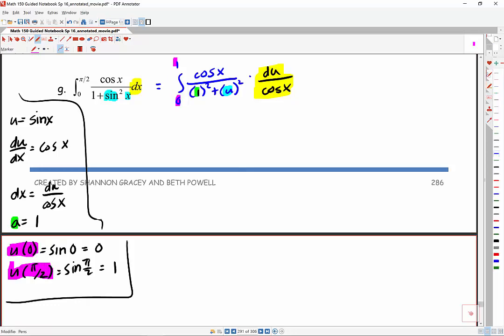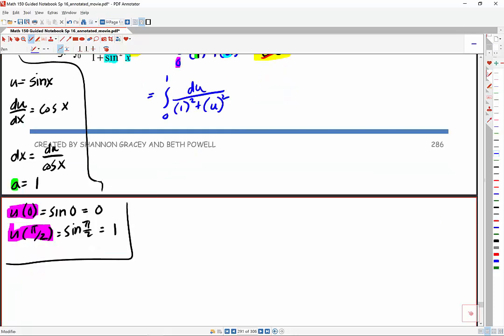So now, let's see what happens. Fortunately, these cosine x's divide out, and we'll have the integral from 0 to 1 of du over 1 squared plus u squared. So that's going to give us 1 over 1, because a is 1, arctangent of u over 1, evaluated from u is 0 to u is 1.